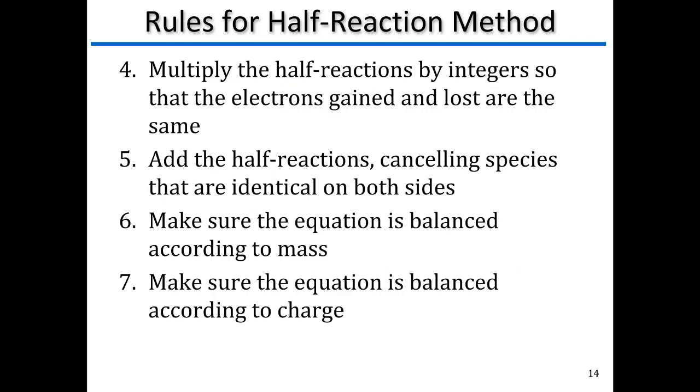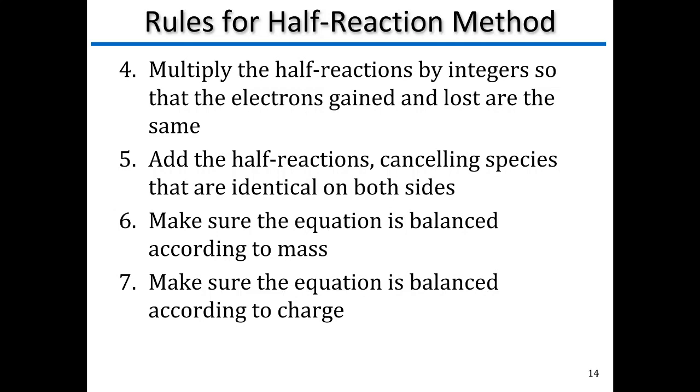Step 4, multiply the half reactions by integers so the electrons gained and lost are the same. In other words, we'll see how to do this, but basically you want to even out the electrons gained and the electrons lost by just multiplying either both or one of the half reactions by an integer, so just a whole number.